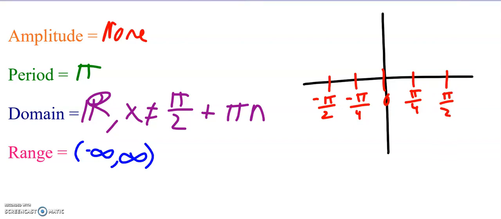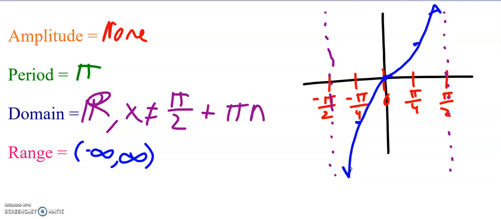So when we graph one period of tangent, we're going to have an asymptote to start and an asymptote to finish. And the shape of the graph is going to look like this, where these values are at 1 and at negative 1.